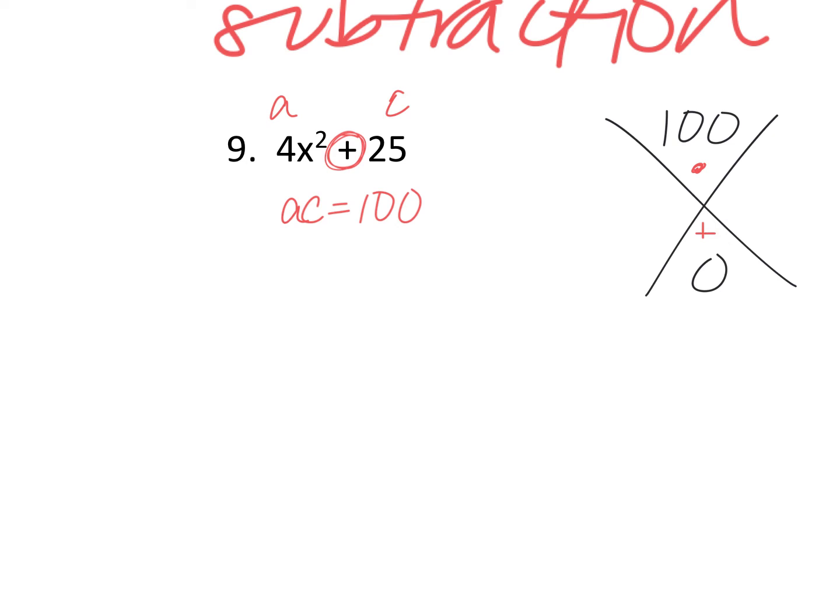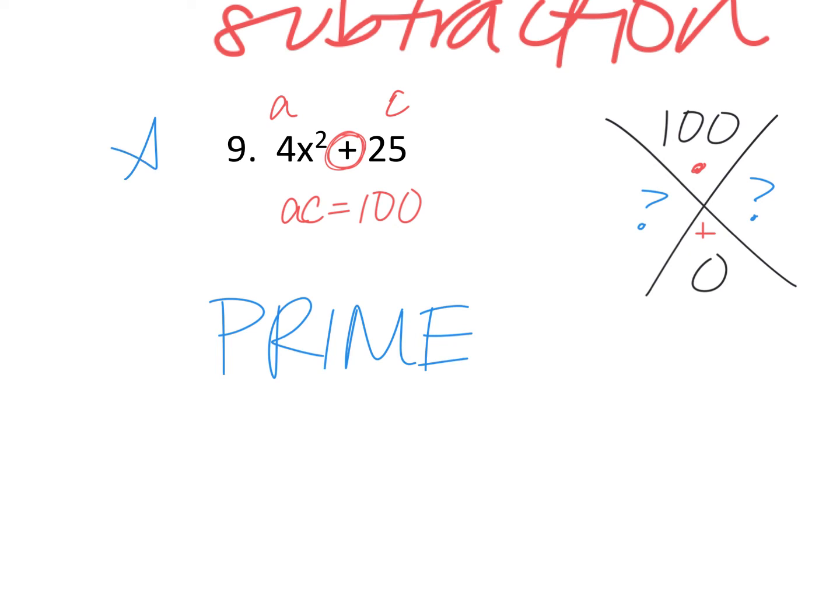You don't have a ton of options. If you did positive 10 times positive 10, if I add those up, it would be positive 20. Would negative 10 work? No, because that gets you negative 20. So you're left wondering what would even work here. And the answer is nothing. You tried like 50 and 2. There's no combination here that works. So we call it prime.